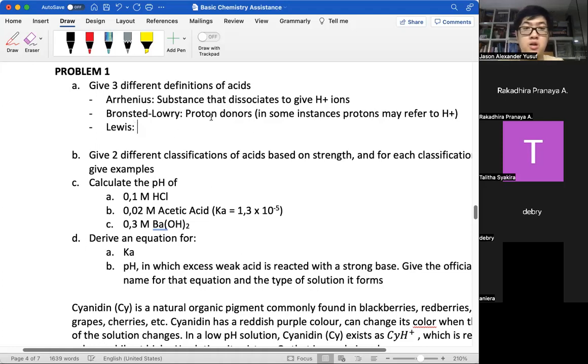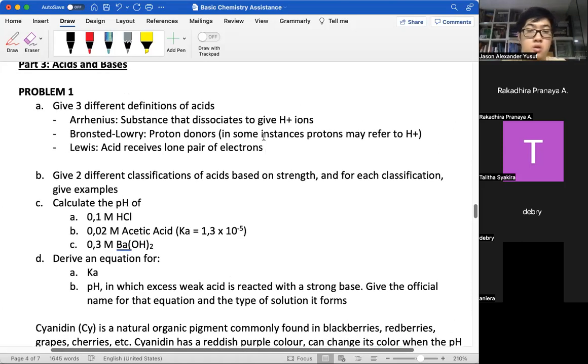For Lewis, the acid receives a lone pair of electrons from other compounds. And so these are the three definitions of acids that you have.